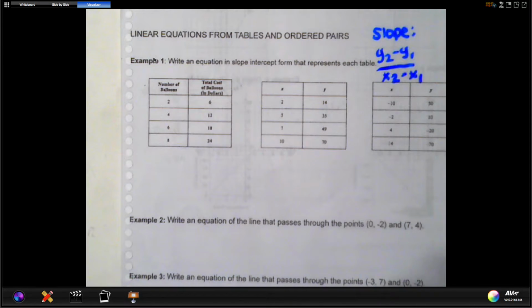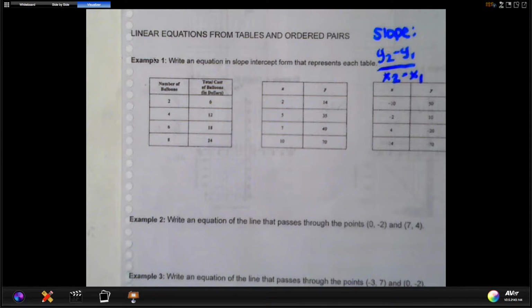That's how we're going to find slope. We've done that before. To find the y-intercept on a table, we are going to use our slope and work backwards. What we're looking for, and go ahead and write this, is the y value when x is 0. And we're going to use the slope pattern to figure that out from a table today.